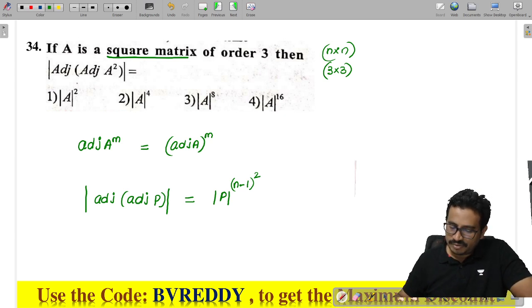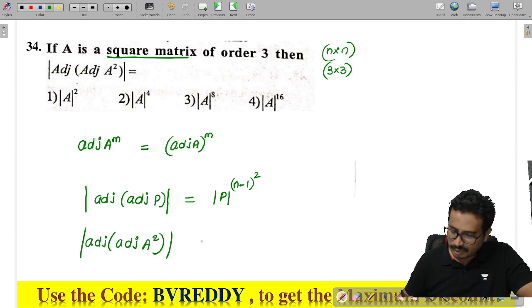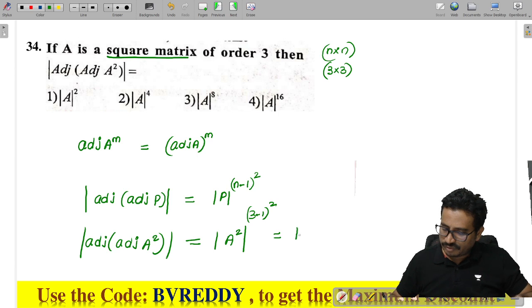Now in place of P we have A square here. So the determinant of adjoint of adjoint of A square is determinant of A square whole power n minus 1, with n equal to 3, minus 1 whole square. So which is given as determinant of A square whole power 2 square.